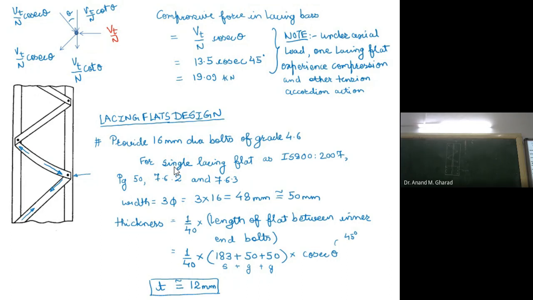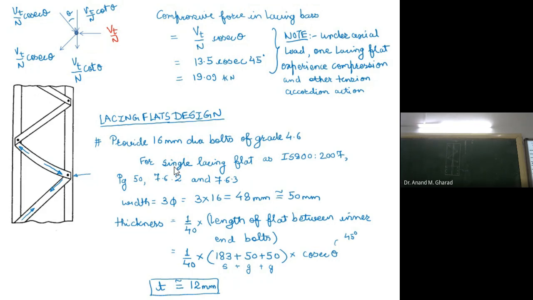One is sway and another is non-sway. Have you heard about these two terms? Sway frame, non-sway frame. So what is the behavior of a sway frame? There is a deflection at every stage. For non-sway it is rigid.